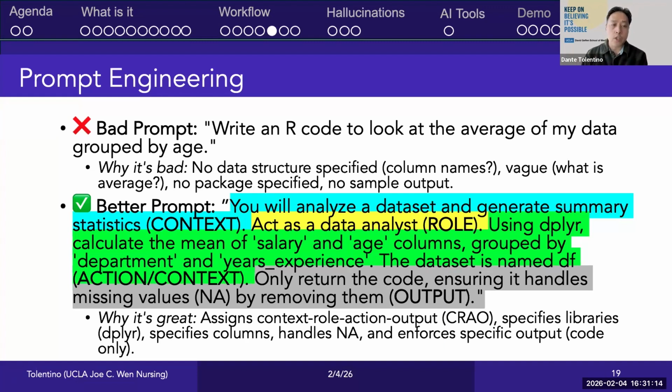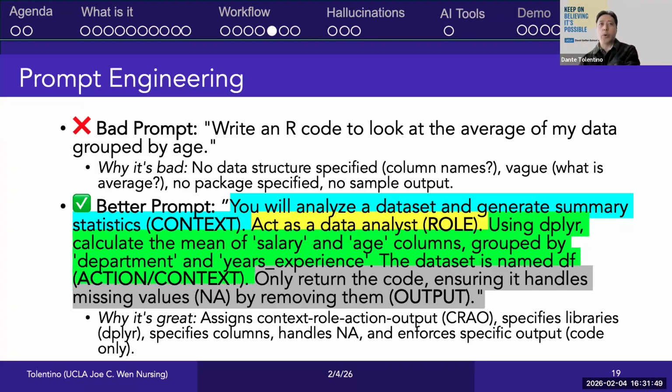Next, I'm giving some action and further context: using dplyr, calculate the mean of salary and age columns, group by department and years_experience, and the data set is named df. So you're still coding in a way, but you're writing it in a prompt, and you're not losing the context of what you want to generate.